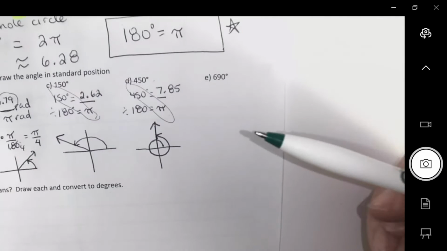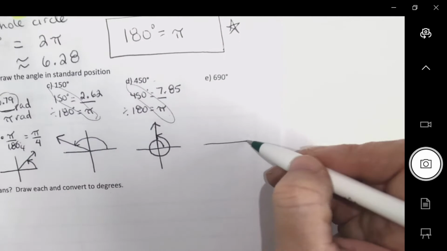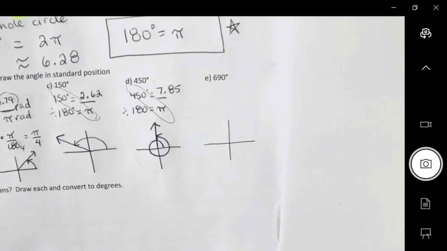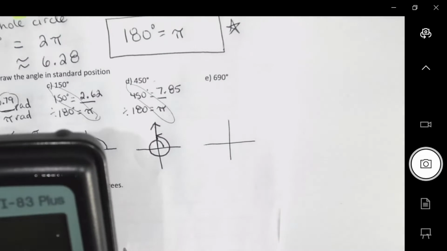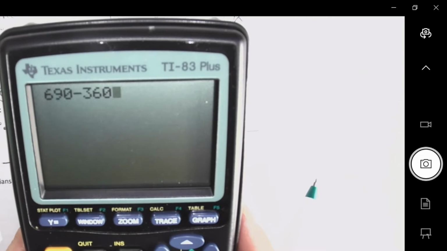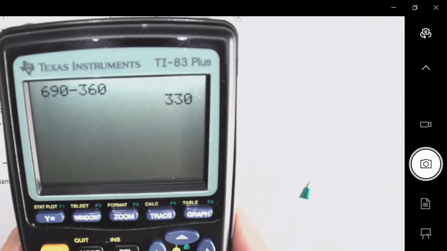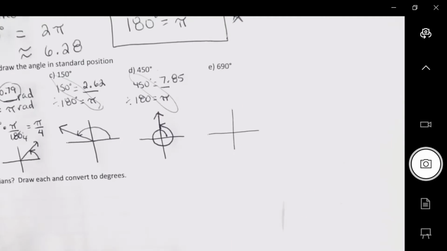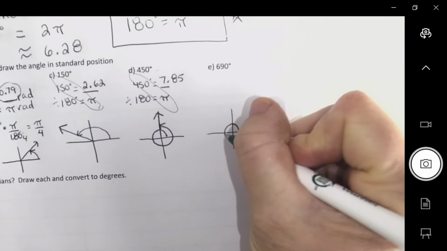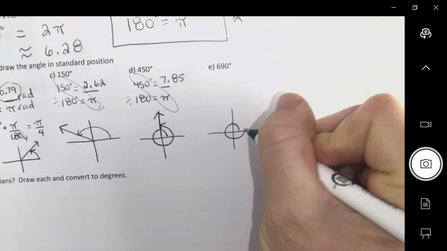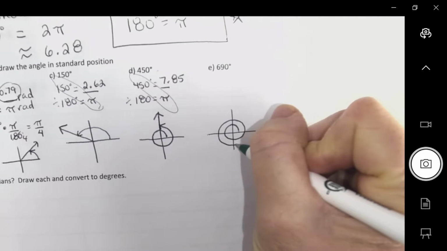Okay, 690. Let's actually draw this one first. So 690 is way more than a full circle. So how much more than a circle is it? 330 more. So let's draw that. A full circle and then 330 degrees more.